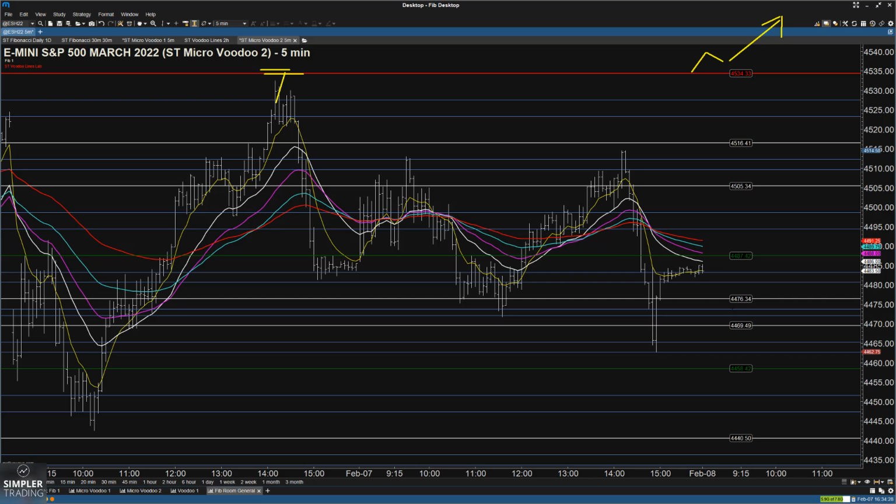And I'll be watching a couple of things here overnight. This 4487 level, if we can find support above there, I will be short-term constructive so long as we do that. You can see that we closed pretty much right there on Friday, right at the end of the day. Got a little boost overnight, came back down below it intraday today.